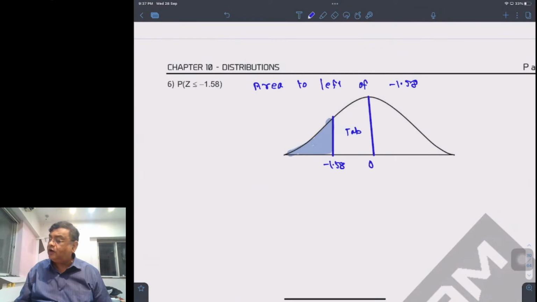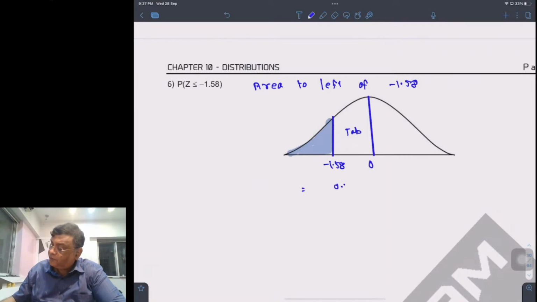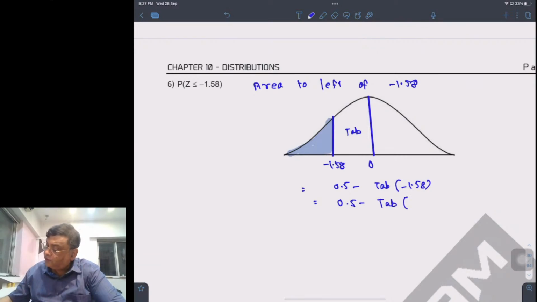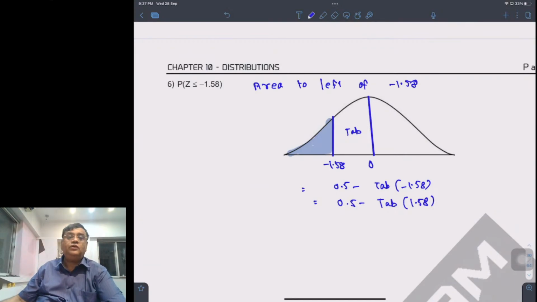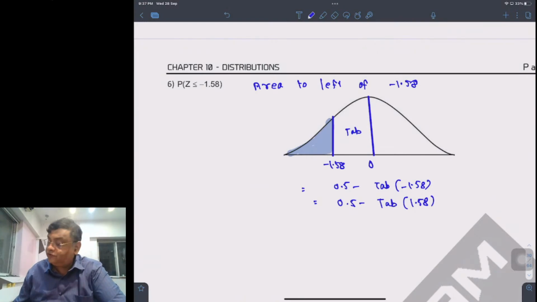अभी ये पूरा जो हाफ ईयर होता है, हाफ रीजन होता है, वो क्या है? 0.5. And therefore what should I say? This is 0.5 minus the table value for what? Minus 1.58. But remember, area between 0 and negative 1.58 is same as area between 0 and 1.58. Because of symmetry, area between 0 and negative value is same as area between 0 and the corresponding positive value.